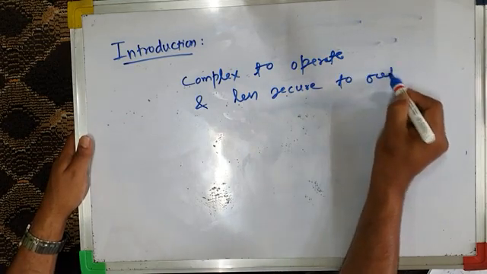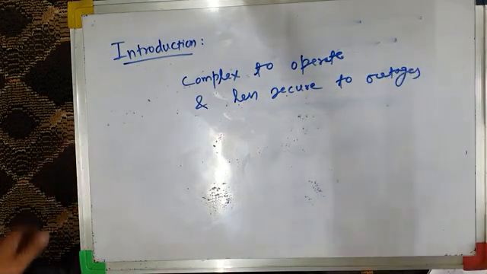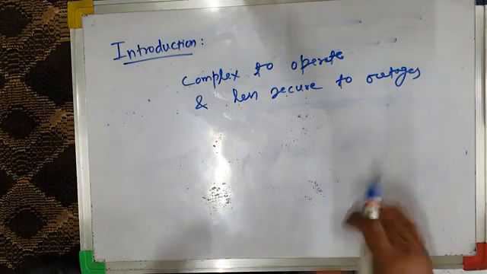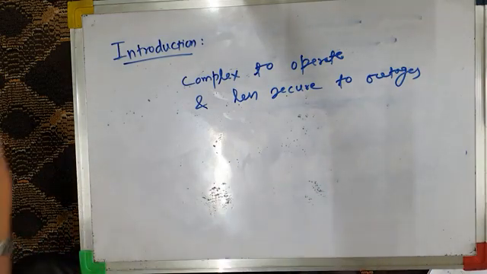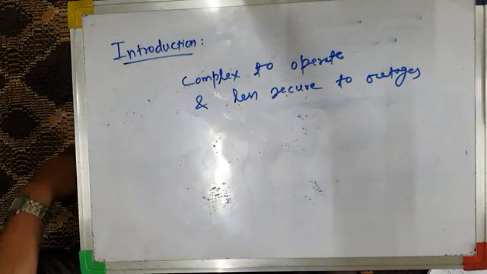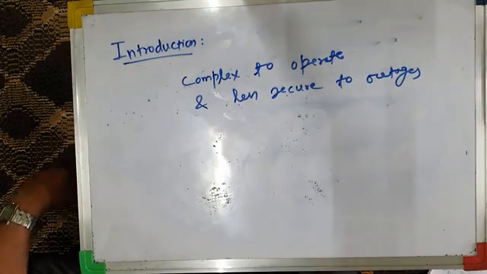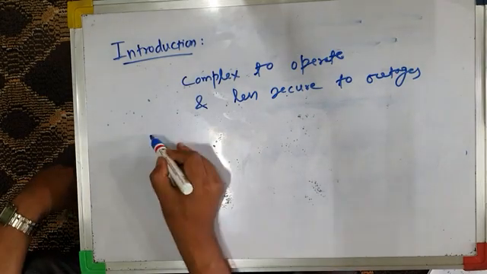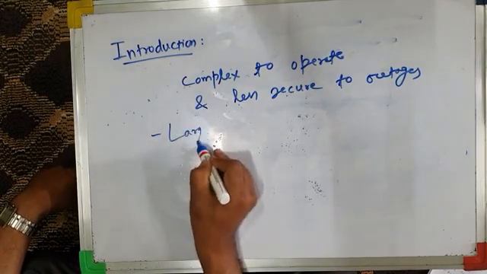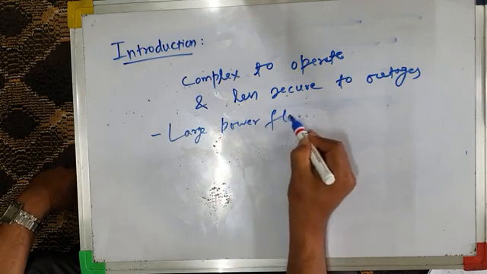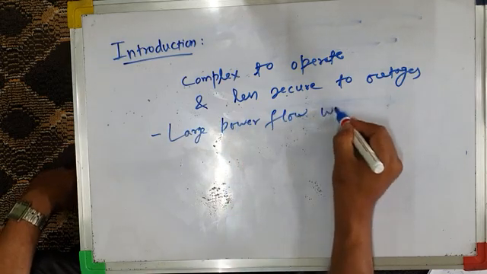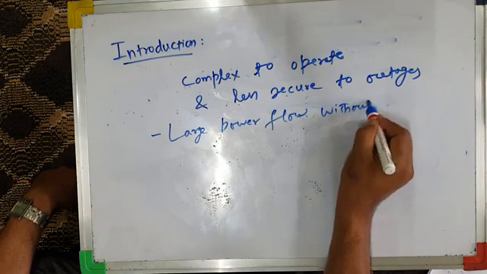Outages means a fault. A small fault somewhere may result in a disturbance in a region where there is no fault. So your system may become less secure, and very complex to operate. As a result, there will be large power flow without adequate control. Try to understand this sentence: large power flow without adequate control.